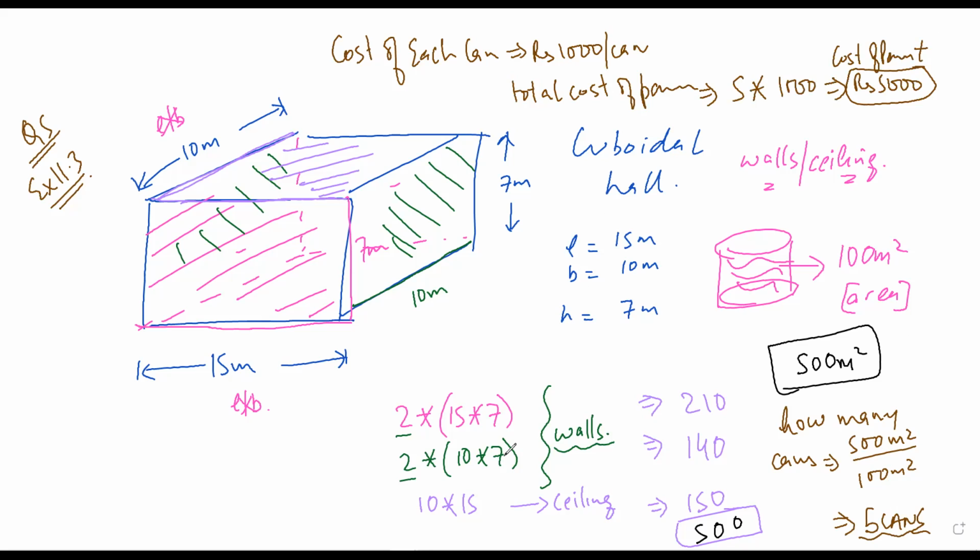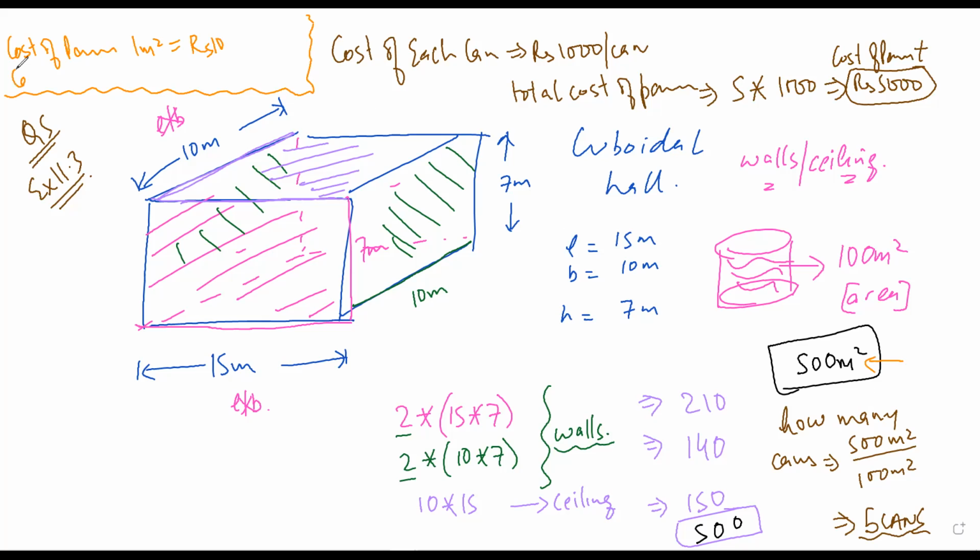Again, if you want to complicate this question further, you can have all kind of things in the same question. She might also ask that the cost of painting, say 1 meter square, is rupees 10. Have you understood, Sarthak? Yes, sir. Now you have 500 meters square in total.